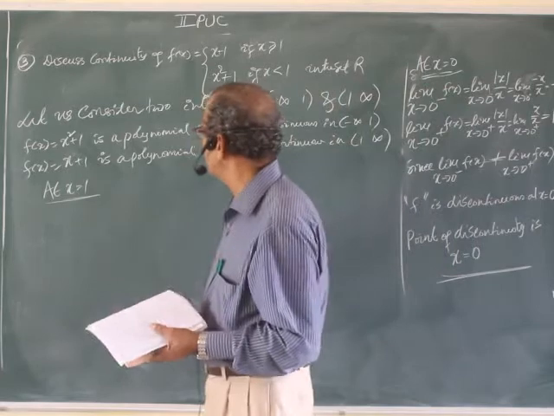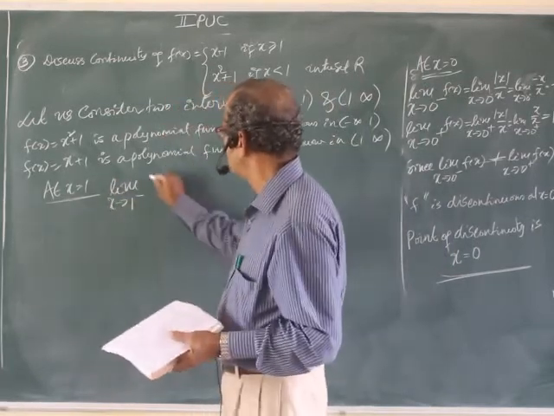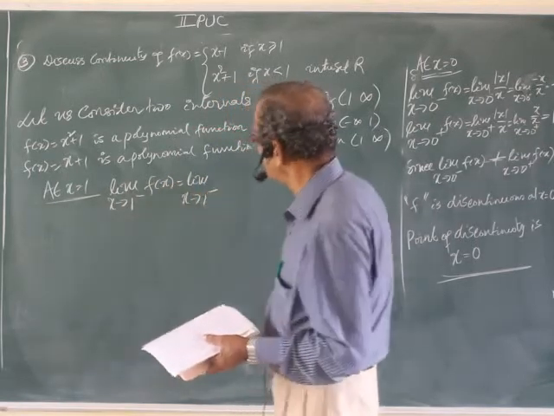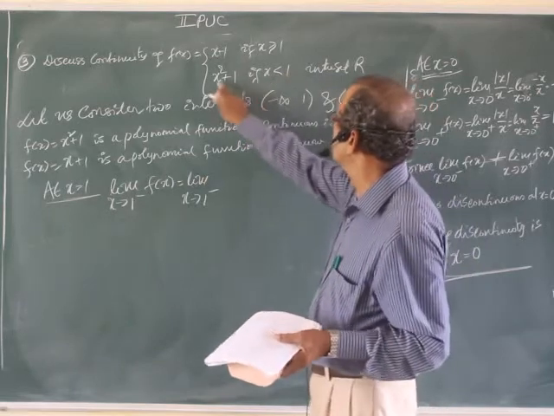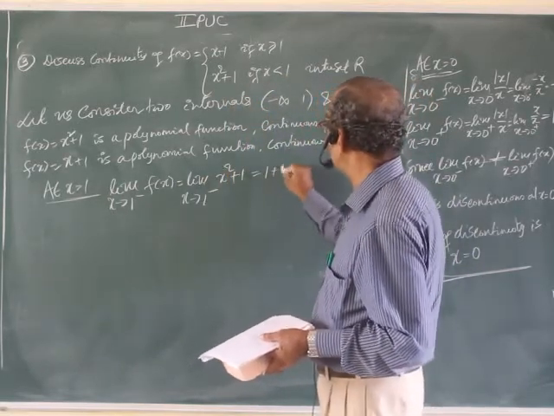Anyway, at x equal to 1, limit x tending to 1 minus f of x, x less than 1, this is the equation, x square plus 1, 1 square plus 1, 2.